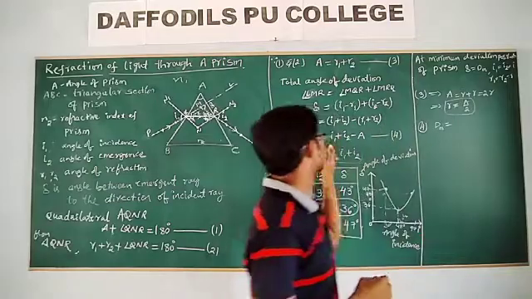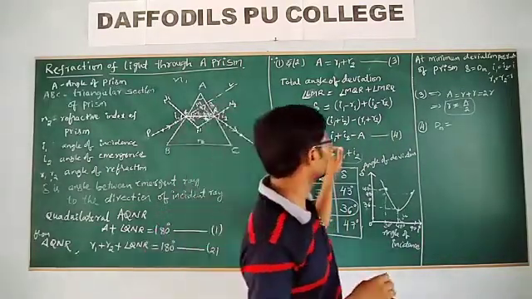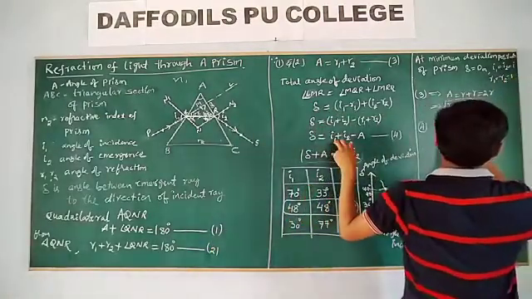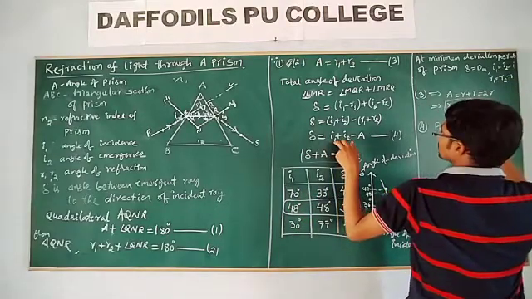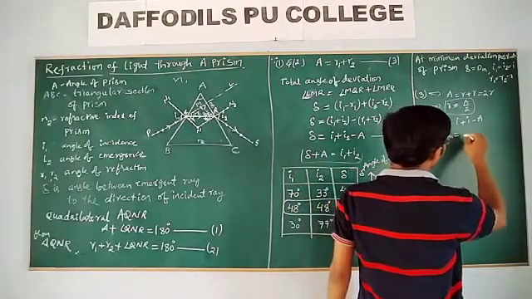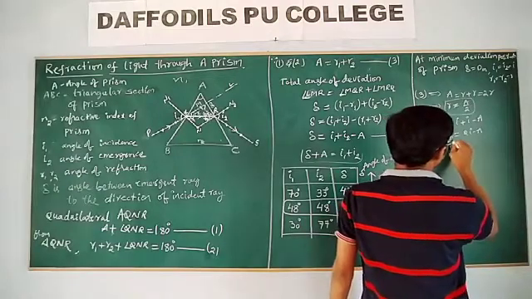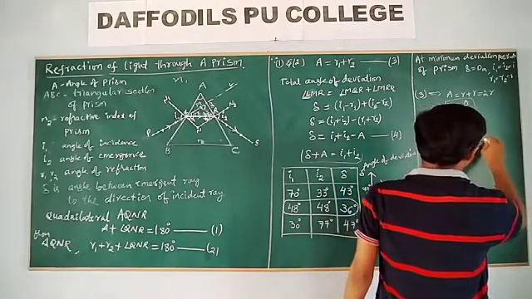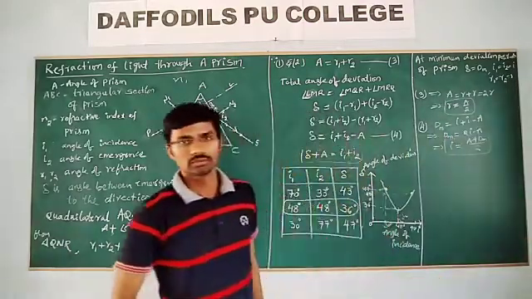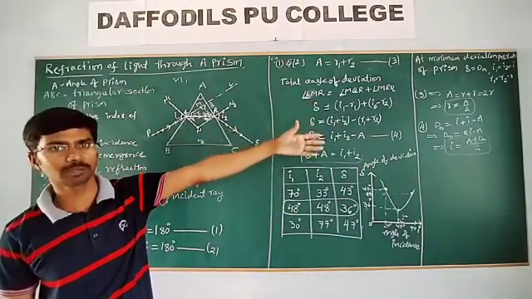Dm is the angle of minimum deviation, that is equal to i1 plus i2 minus A. Since i1 and i2 are equal, I can write i plus i minus A. That represents dm is equal to 2i minus A. From this we can write i is equal to (A plus dm) by 2, only for the position of minimum deviation of a prism.